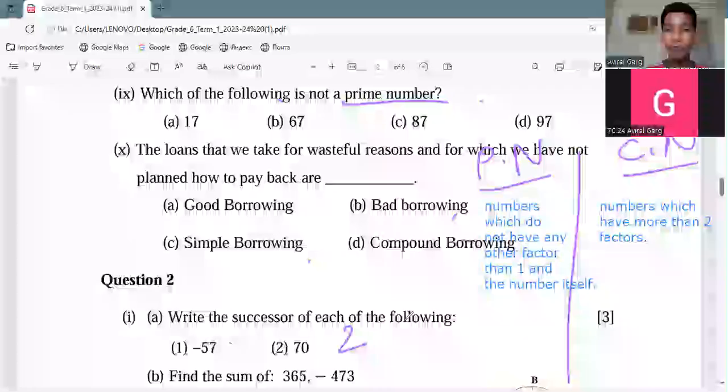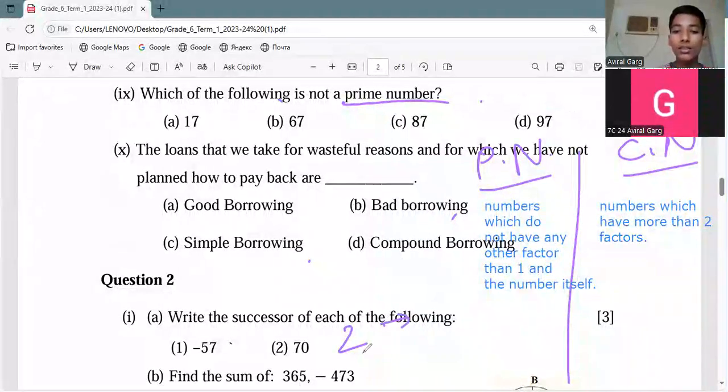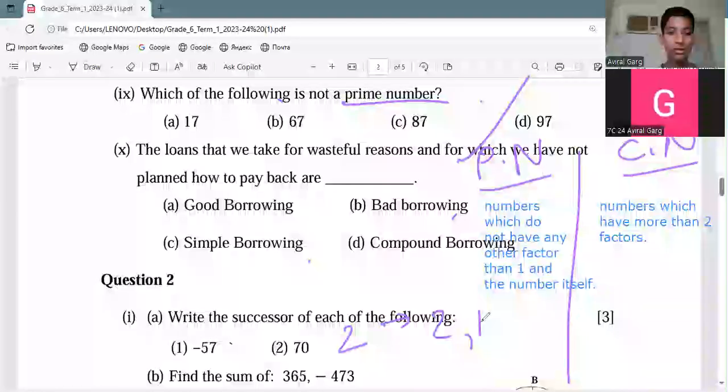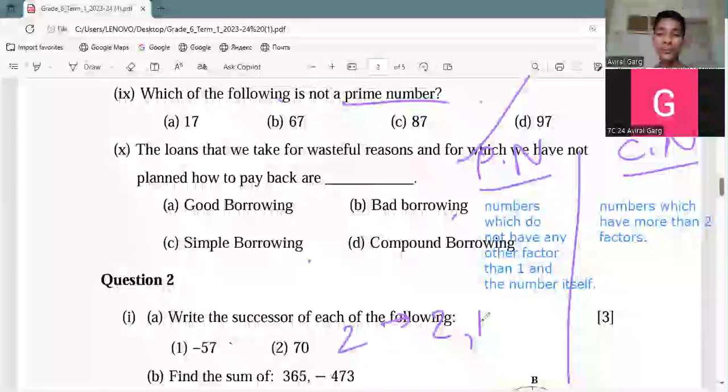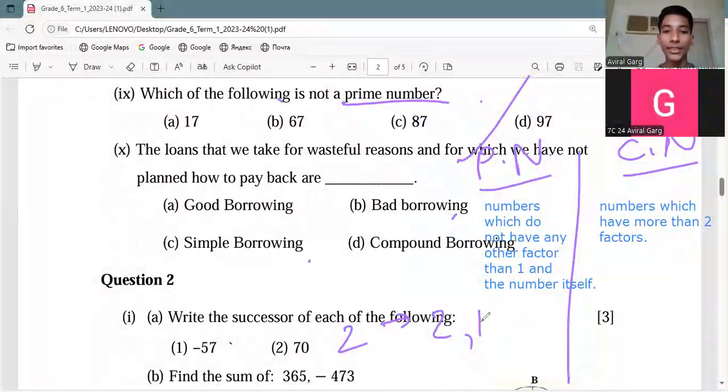Then the number 2. 2 is the only even prime number. Why prime? Because what are the factors of 2? It is 2 and 1. You can do this by the factor tree method, which you must have learned in school, or you should have the mental maths ability to find the factors quickly.